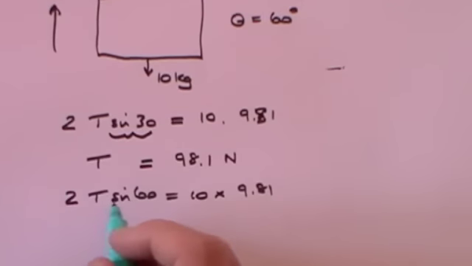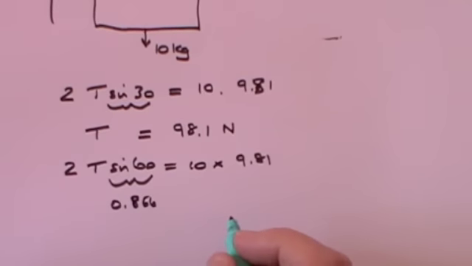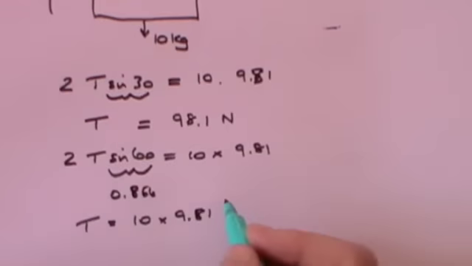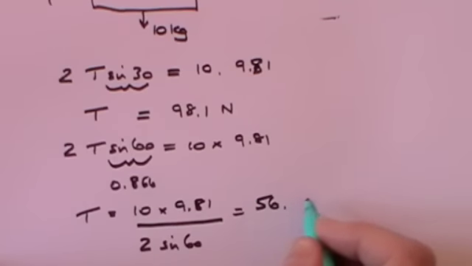Sine of 60 is, of course, 0.866. And if you multiply that out, you get that T is equal to 10 times 9.81 divided by 2 times sine 60, and that comes to 56.6 newtons.